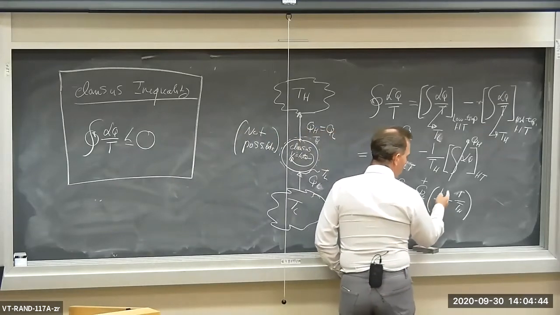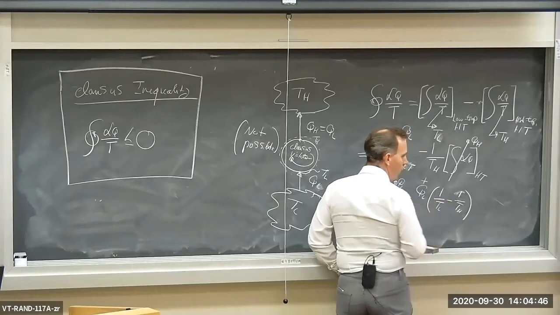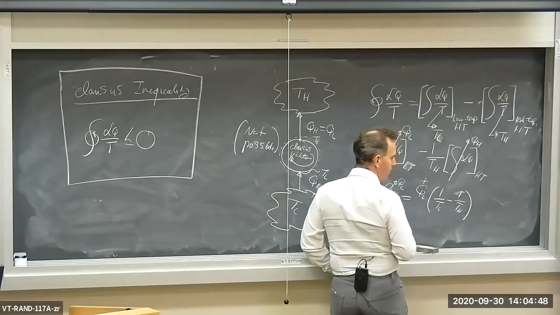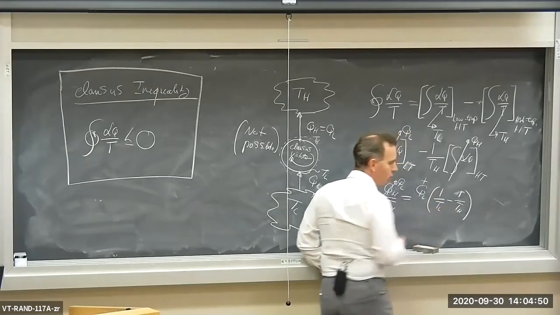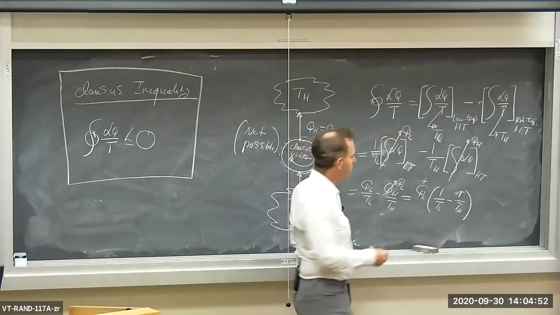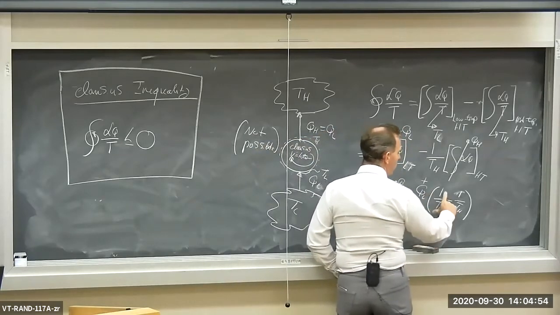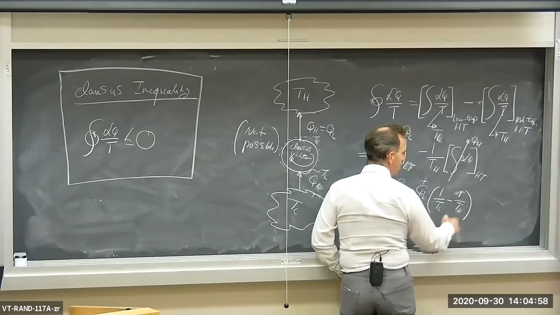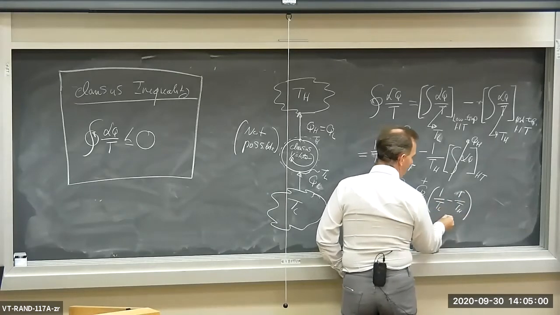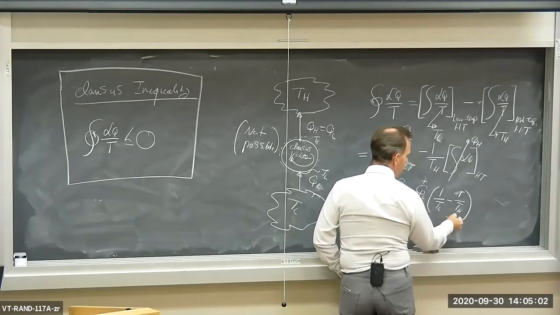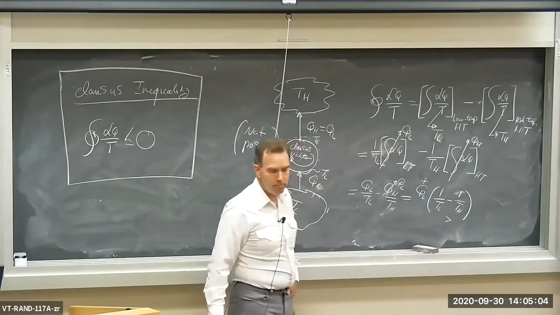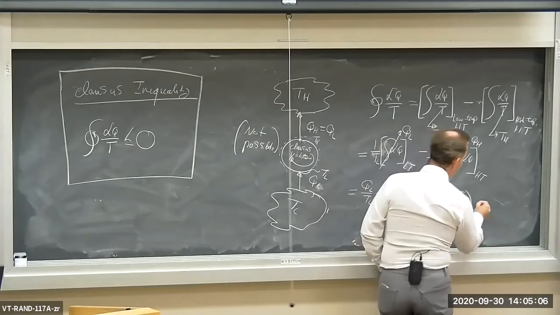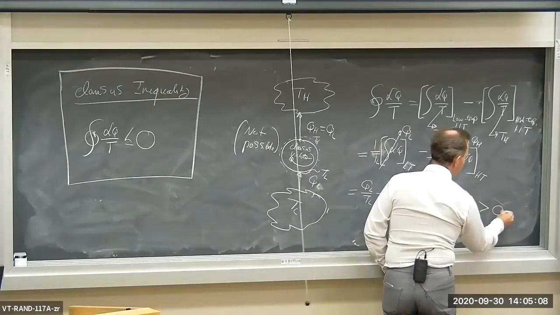Now, this term here, 1 over TL. TL is a lower temperature than TH. That means that 1 over TL is a greater numerical quantity than 1 over TH. This guy is bigger than this guy. So this whole thing is greater than 0.